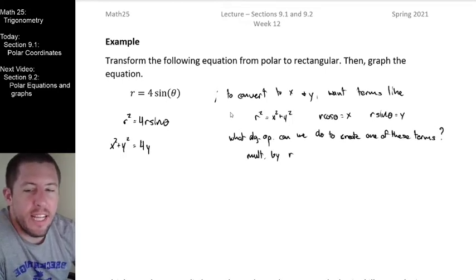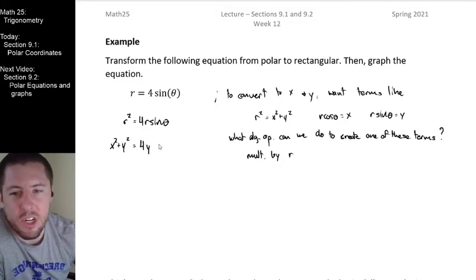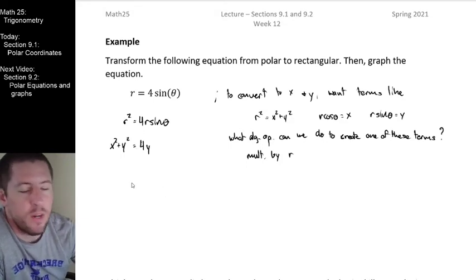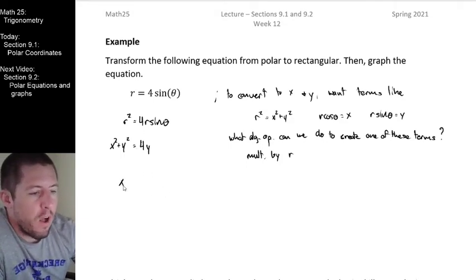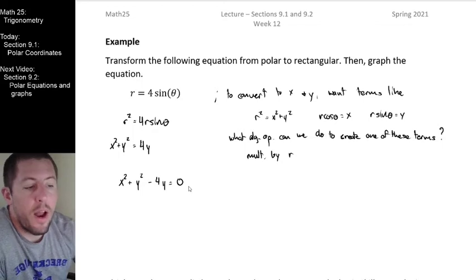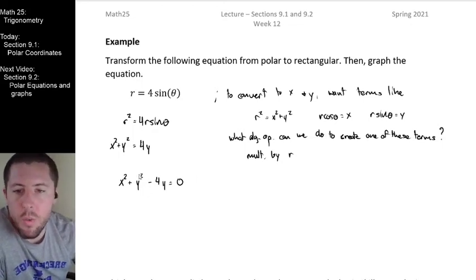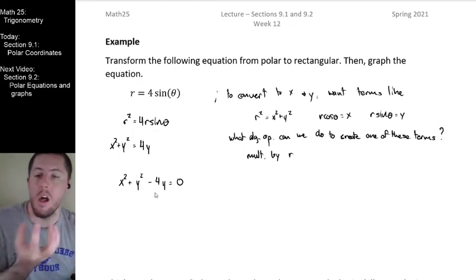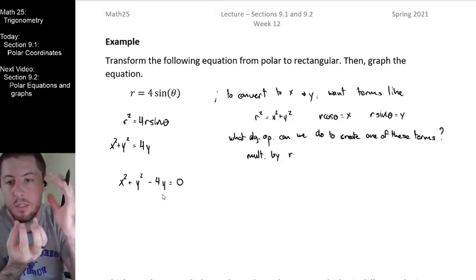What I want to do is get this thing into a general form. When I see x squared plus y squared, this is screaming circle to me, but clearly it's going to have some weird adjustment to the y components because we have this extra 4y right there. So here's what I'm going to do. I'm going to move over all my terms to the other side. And what I really want here is I don't just want a y squared alone. I want all of my y terms collectively squared.